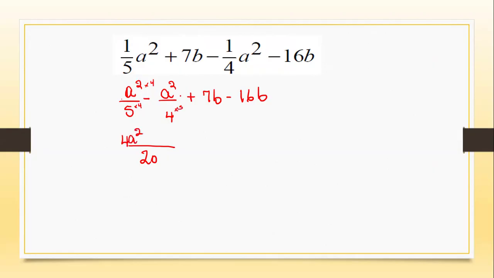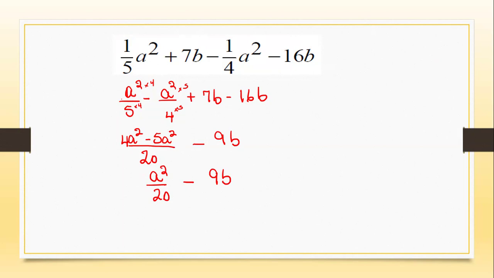Multiply this by 5, giving me negative 5a squared. Dealing with my b's, I have 7b subtracting 16b, giving me a negative 9b. I have 4a squared subtracting 5a squared, which is a squared over 20, subtracting 9b.